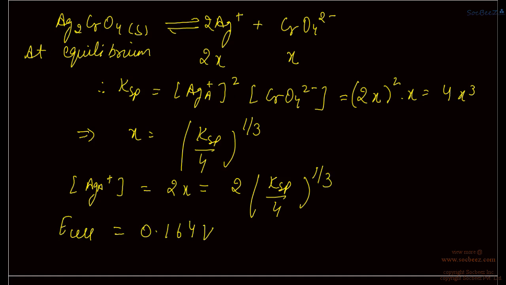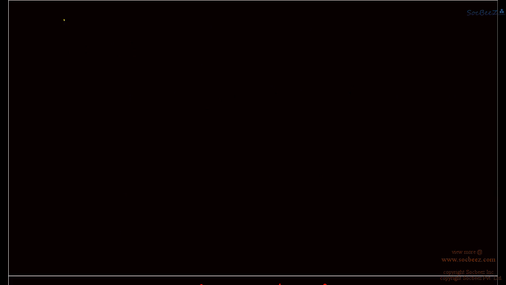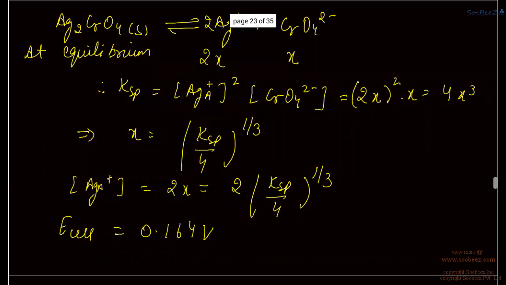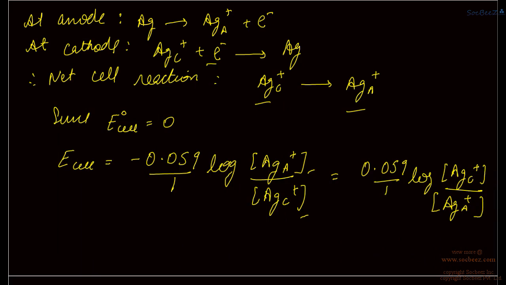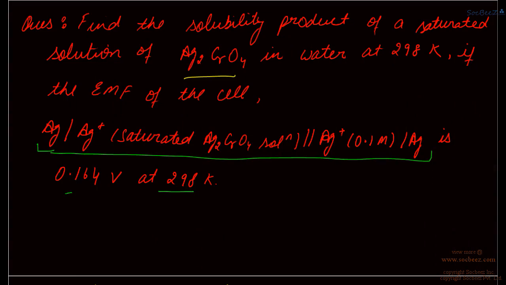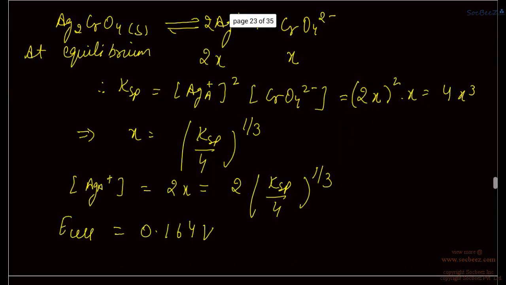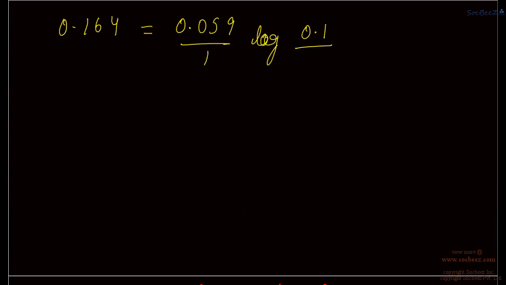Now since E cell equals 0.164 volt, it is given in the question. So 0.164 equals 0.059 upon 1 log of 0.1 upon, because here the concentration of the cathode compartment is 0.1 molar. This is already given in the question.